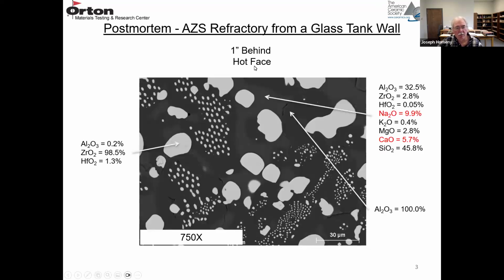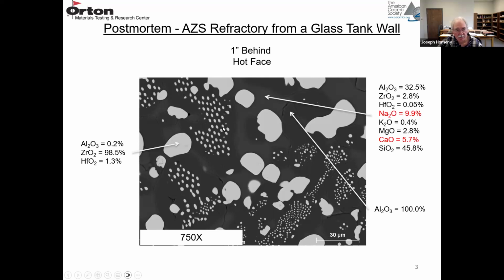And then same location, 1 inch behind the hot face at a higher magnification. This is a pretty typical microstructure that we've already described. The white areas are the zirconia. So there's zirconia crystals, the larger white areas, and then the smaller white dots are the precipitates in the alumina, and that's the eutectic microstructure we described.